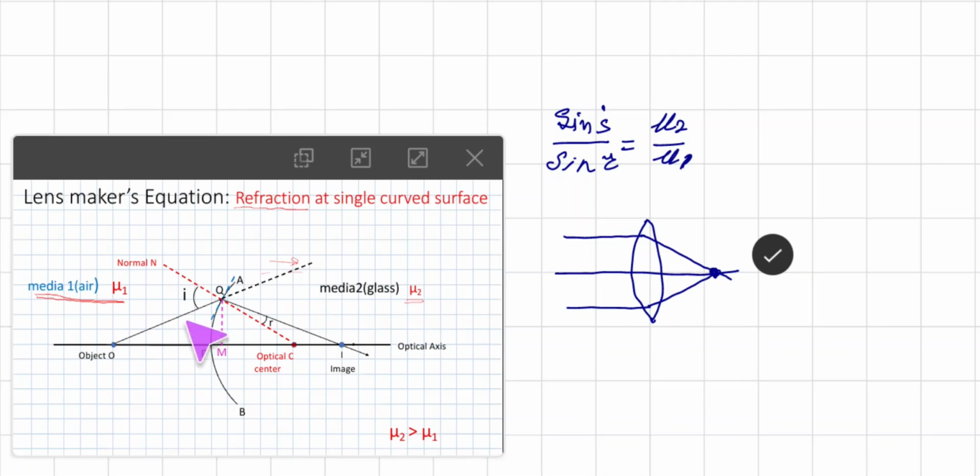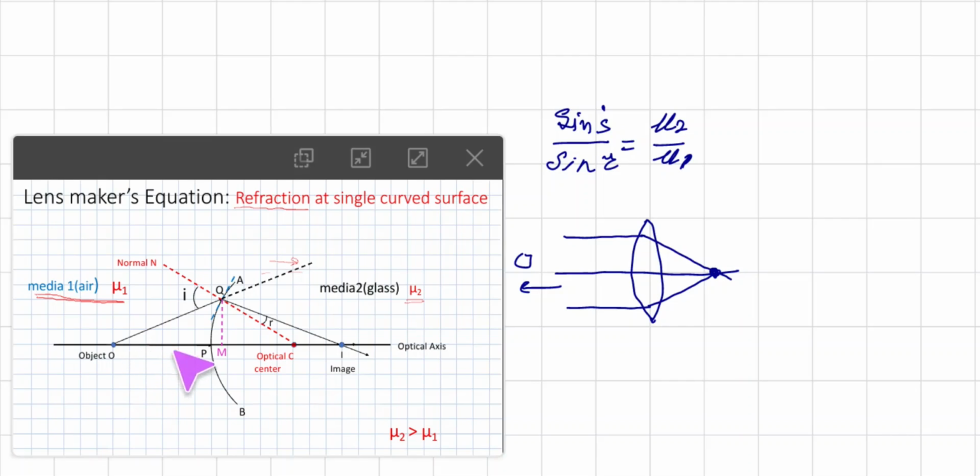So normally whenever we consider formation of an image, we are considering parallel rays, and parallel rays are possible only when the object is at a very large distance. So that is why while considering this normal ray, we should have a parallel ray to this.